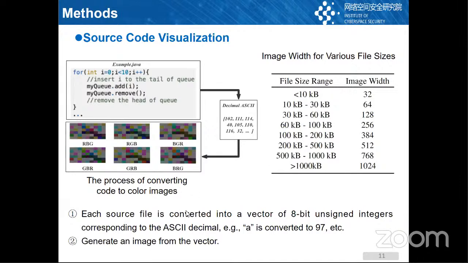To produce the code images, each source file is converted into a vector of 8-bit unsigned integers corresponding to the ASCII decimal, and we generate an image from that vector. We relate the file size to the image size. After several experiments and referring to some relevant papers, we conclude their relationship, shown in the table.